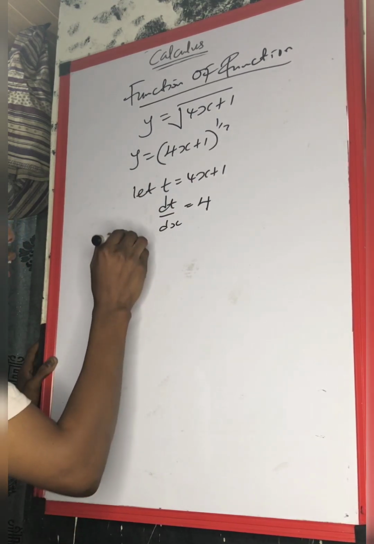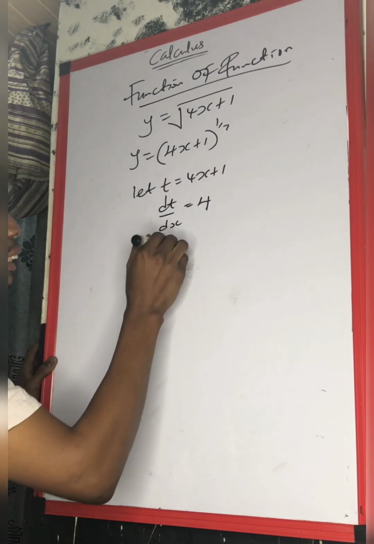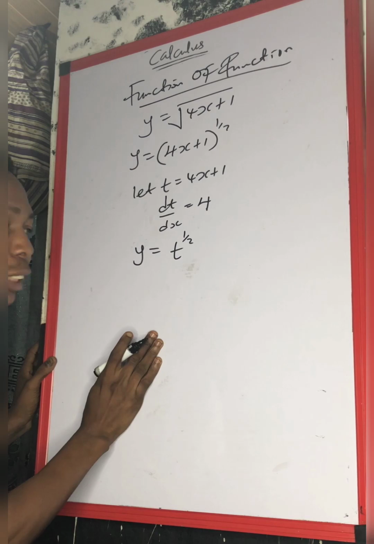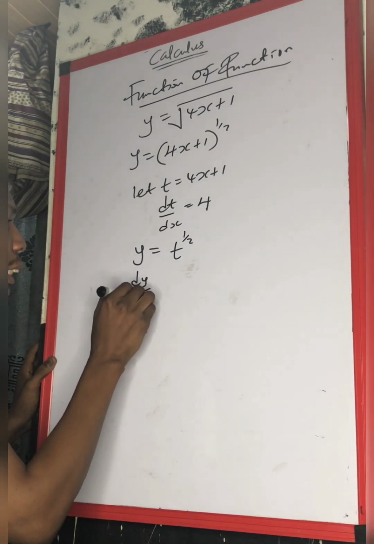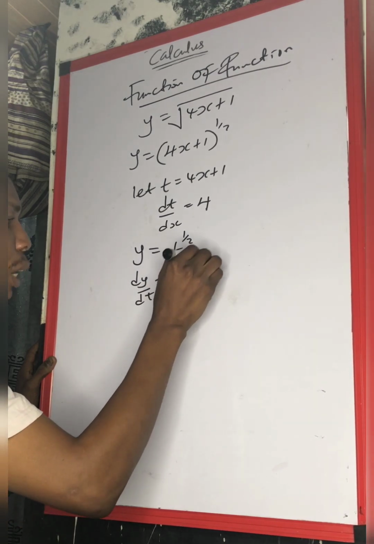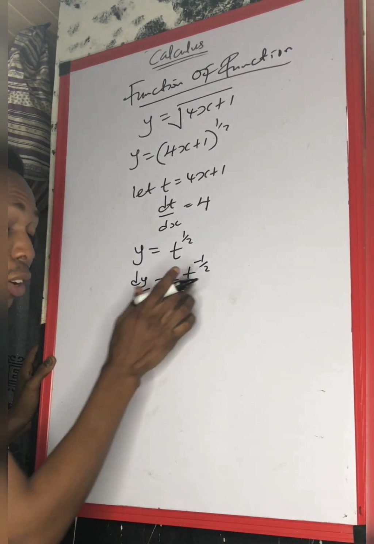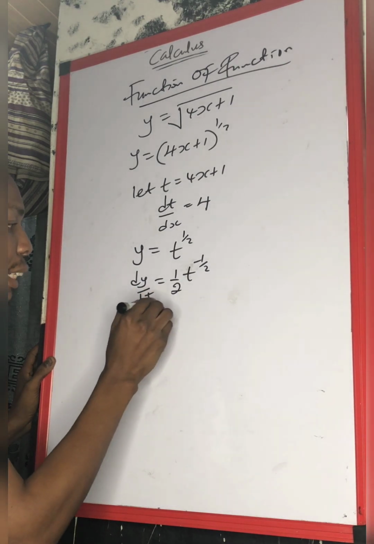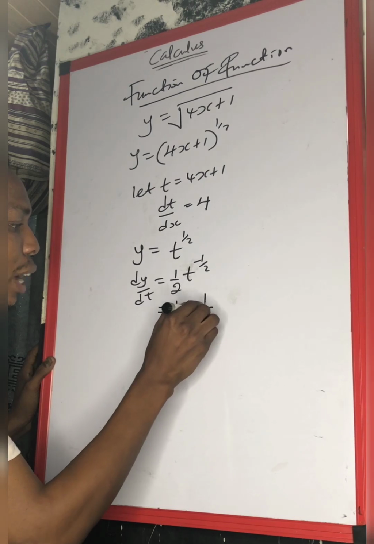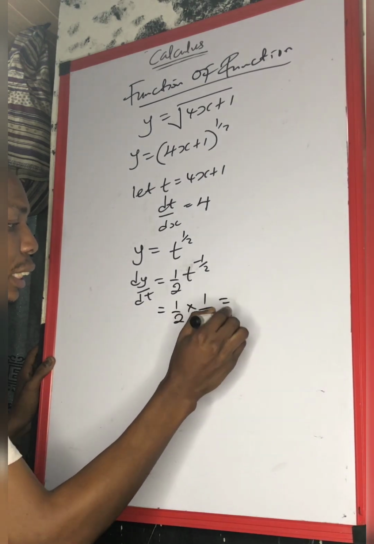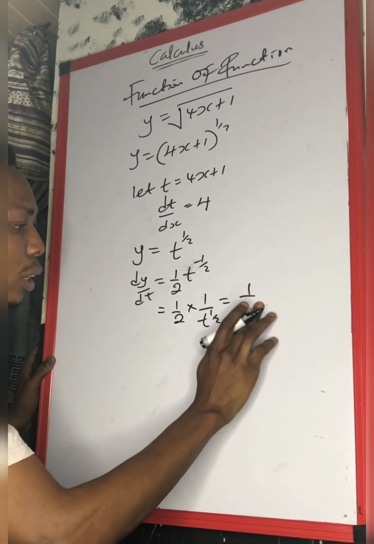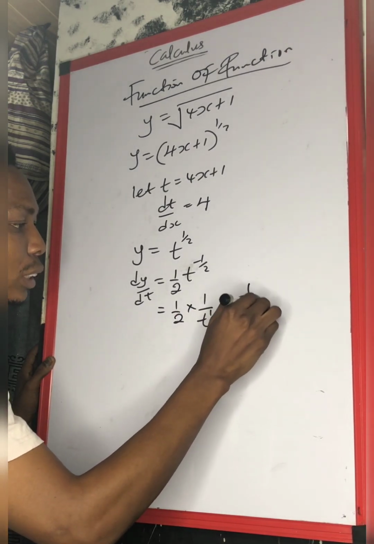So this time around, our y is t raised to the power half. Can I differentiate y with respect to t? It becomes dy/dt equals 1 over 2 t to the minus 1 over 2. I believe you already know how we got that. So from there, this is 1 over 2 times 1 over t to the half, which is 1 all over 2 root t.